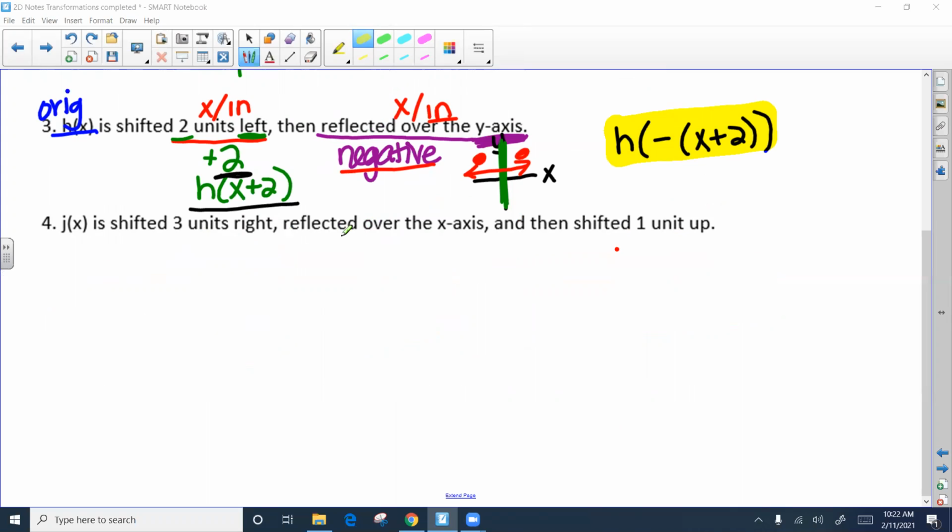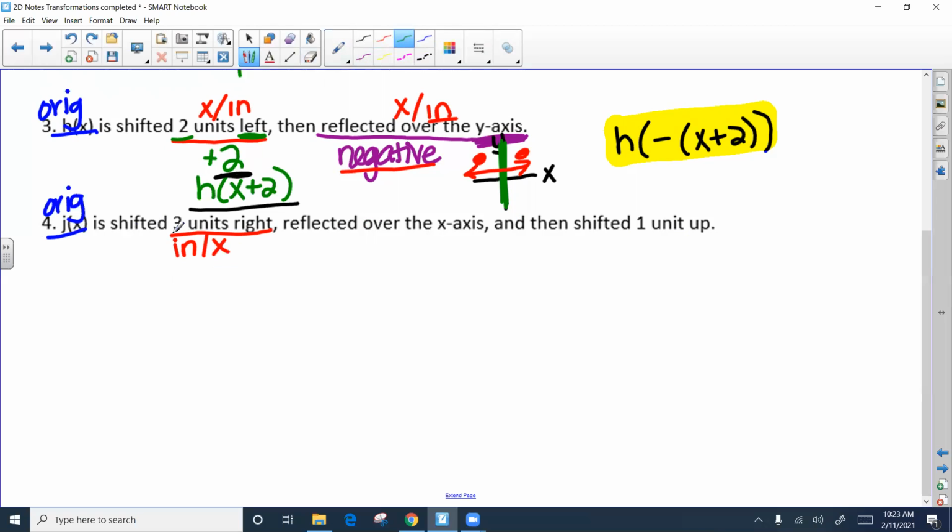This time we are transforming j of x. So j of x is our original. This one has 3 transformations, and we do need to do them in the order that they're listed. The graph j of x is shifted 3 units to the right. So I know that's on the inside, affecting the x values.